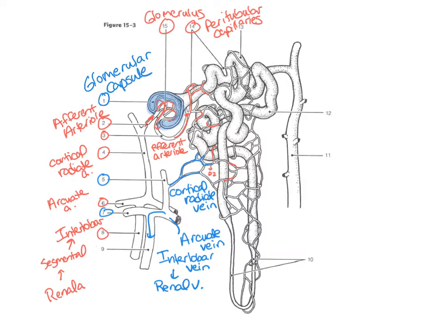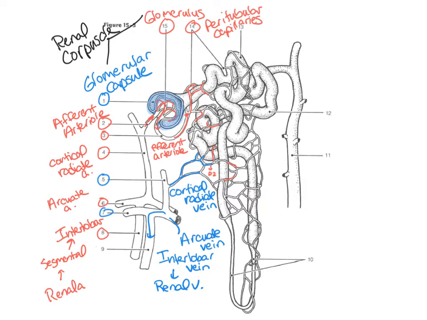So inside the glomerular capsule, we have the glomerulus, which is that little group of capillaries. Together, the glomerular capsule and the glomerulus, we could actually term that the renal corpuscle. It contains both of those.